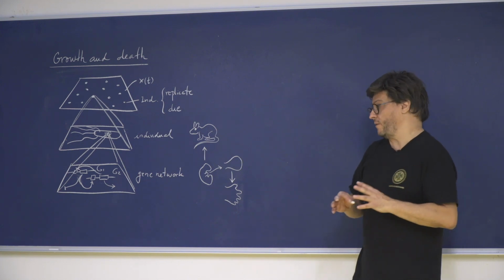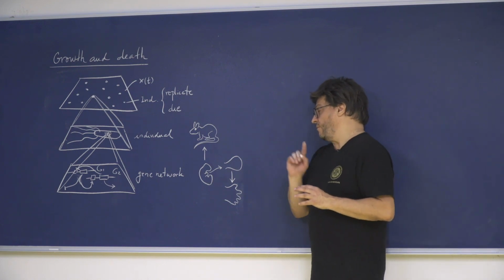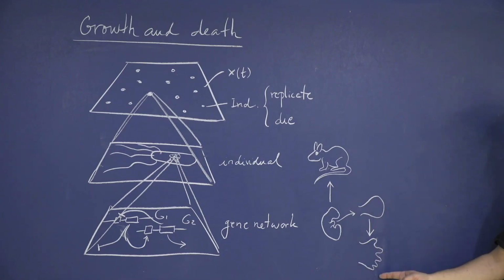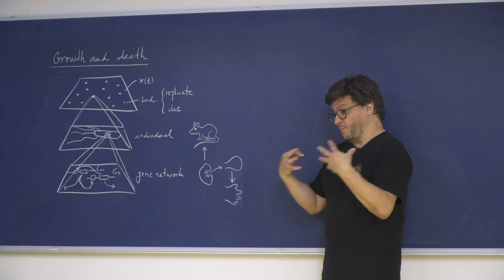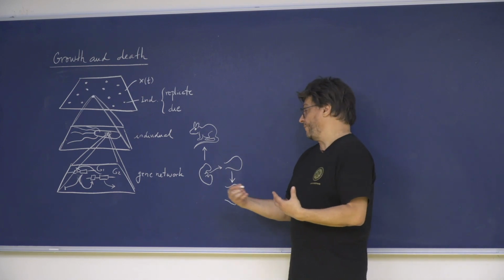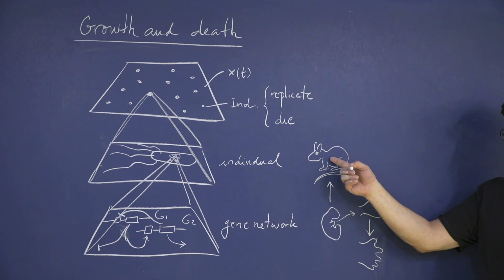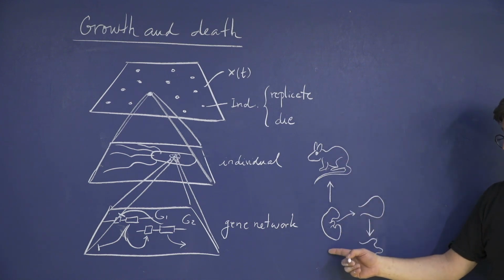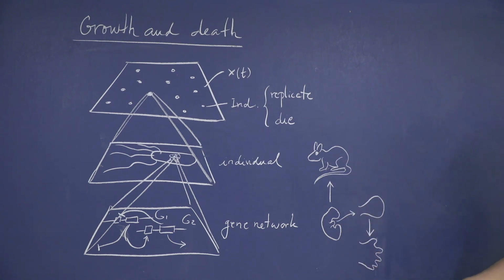We are not going to talk about active mechanisms, but have in mind that because of death, which I was saying was a major innovation that emerged in the early oceans of our Earth, we can, for example, have a complex development. And this mouse is the result of a developmental process from a single cell, if you want.